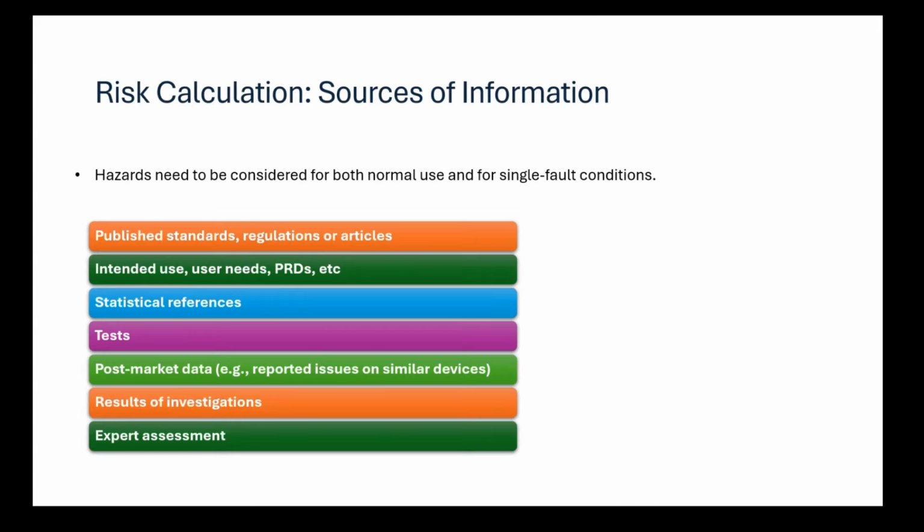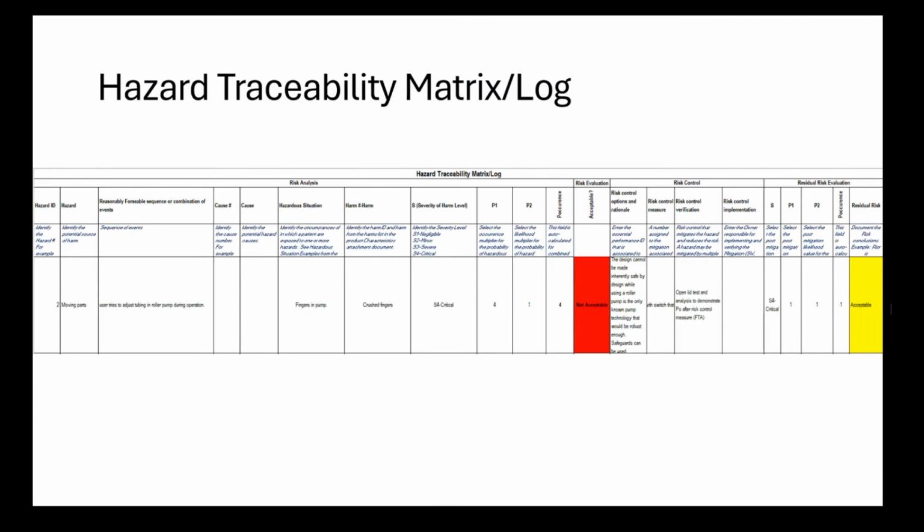Now I'll show you one of the templates that I have for hazard traceability log or matrix, or some companies call it system hazard analysis. But essentially, you have a big giant Excel sheet where you will divide that into three sections around risk analysis.